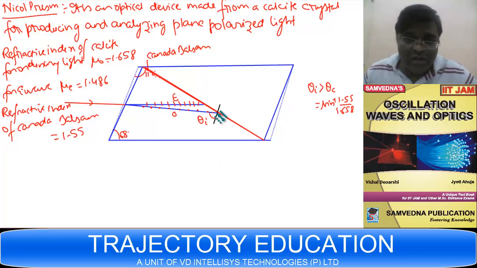this ordinary light will undergo total internal reflection. It will come like this. Whereas the extraordinary wave, with refractive index 1.486 on this side compared to 1.55, will continue to move in the same direction in the crystal.